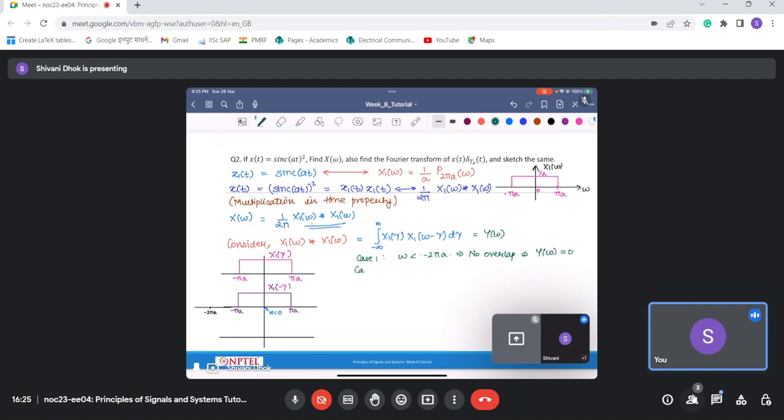Now case 2, where omega is greater than or equal to minus 2 pi a but is less than 0. So this is the situation, something like this.